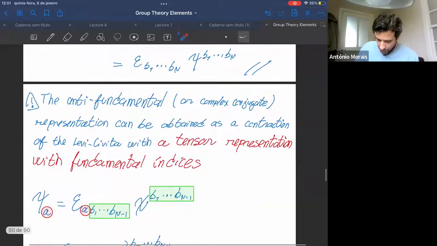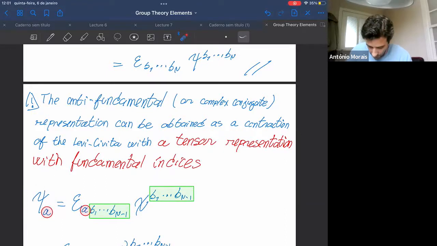So, for example, the anti-fundamental. You have the anti-fundamental that we defined above with one index here below. Now look, you can say I have another chi, but with n-1 indices. Another representation with only fundamental indices, b1 to bn-1. So now we can make use of this invariant of the theory, epsilon, to contract these b1 to bn-1 indices here, and it leaves us with a free index.